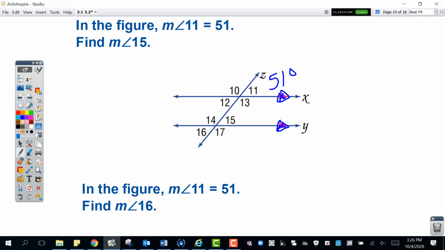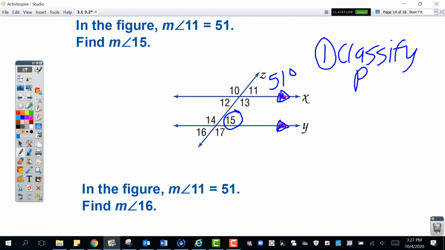All right. So back to the problem, we have the measure of angle 11 is 51 degrees, and we are trying to find the measure of angle 15. So first step always is to classify the pair. What kind of angles are those two angles? All right, so we're going to classify that pair.